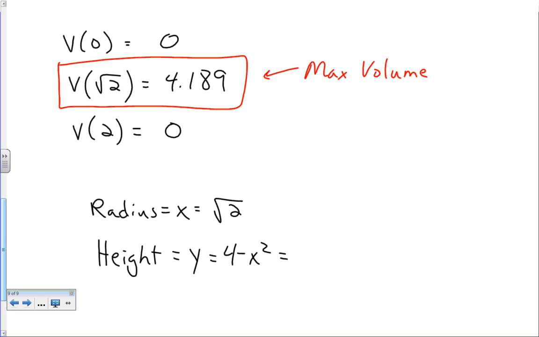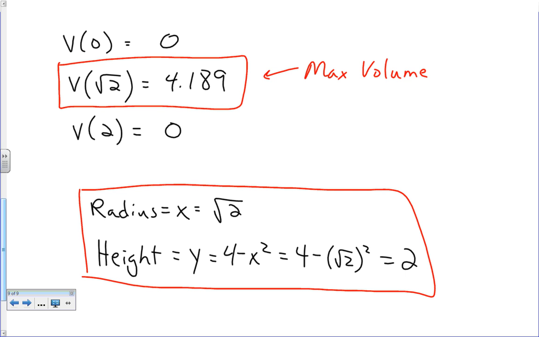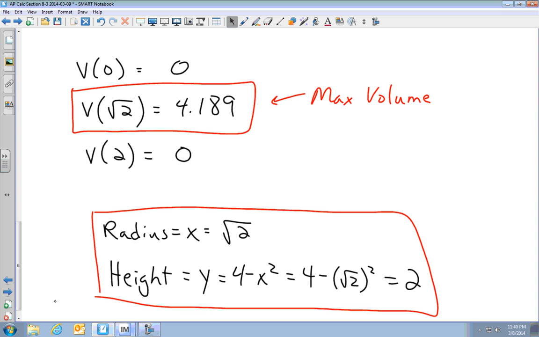Square root of 2 squared is 2, so 4 minus 2 is 2. So our height would be 2. And so this is our radius and height of this cone. All right, that's the end of this section for us.